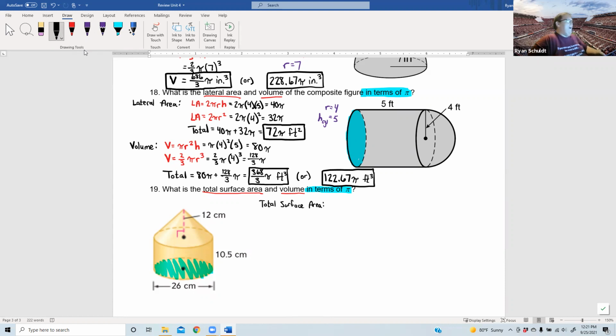Why don't we find the lateral area for a cone? That's the top. So LA for a cone. That's going to get us around the top. Then let's find LA for the cylinder.